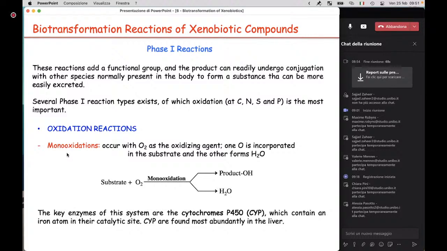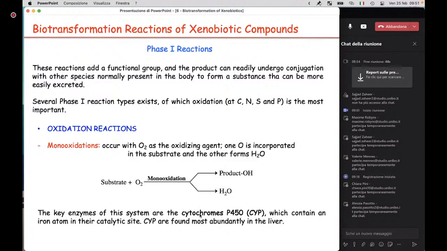Those reactions are very important for xenobiotics, for compounds introduced into the body from the environment. And the most important part of the enzymes that catalyze mono-oxidations are the cytochromes P450. They are abbreviated CYP.